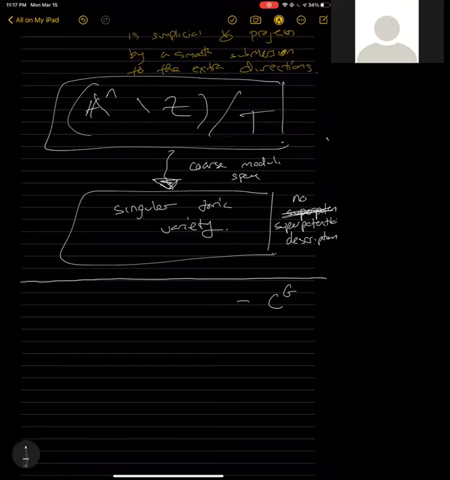And you're saying that I should view this as some kind of limit of C and then C cross G, like some kind of co-G or something. Yeah, exactly. By analogy with algebraic geometry, if you did this to coherent sheaves, the category of coherent sheaves on some X would be equivalent to the category of coherent sheaves on the quotient stack. So from that sense, it looks like a plausible definition.